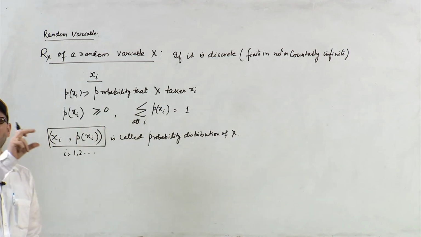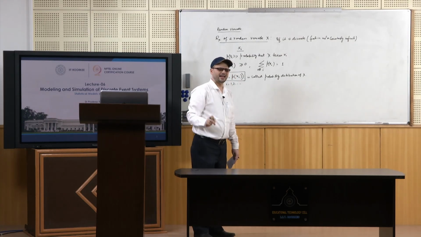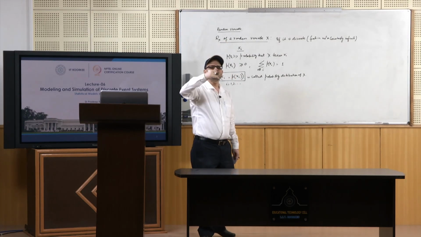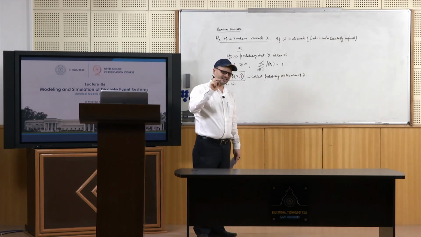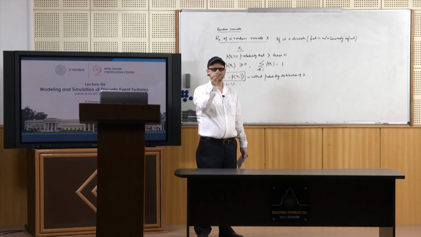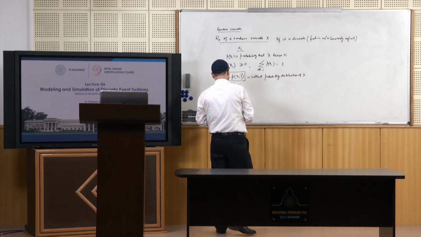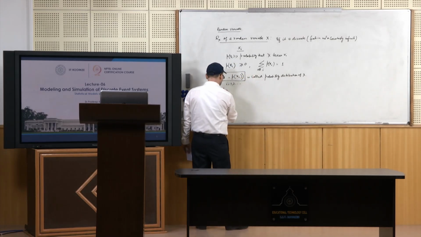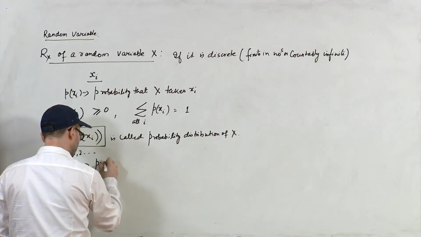So, you will have on the x axis the outcome, which is xi, and on the y axis you have the probability of that particular outcome, that is p(xi). This is known as the probability distribution of x, and p(xi) is called the probability mass function.